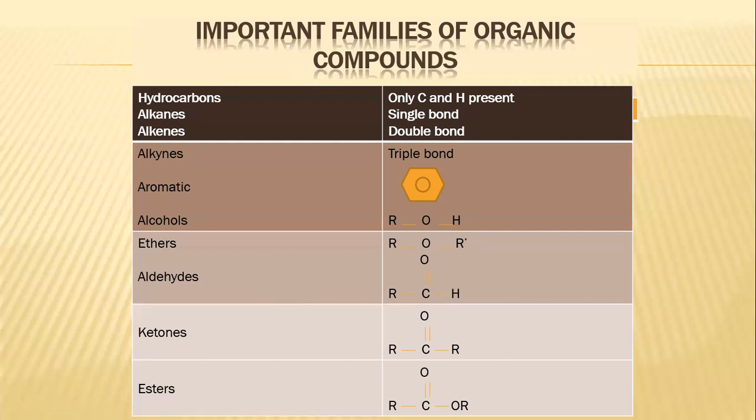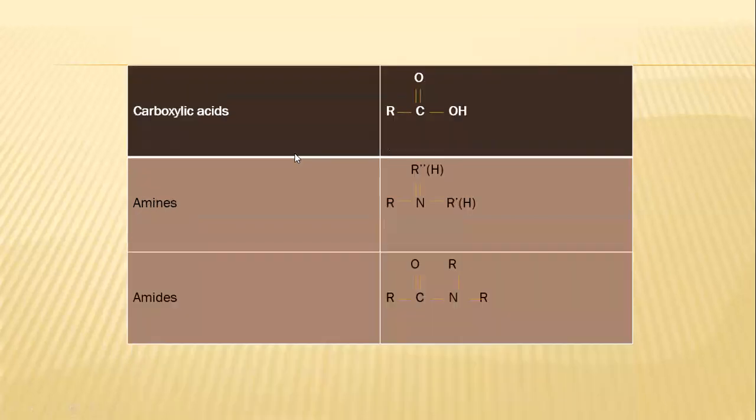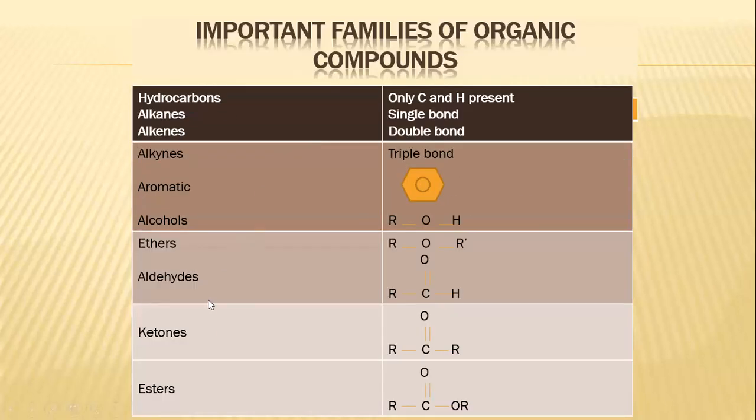Now coming to the next one, it is aldehydes. Aldehydes, you can see here: R, C double bond O, H. Now coming to the carbonyl compounds. What are carbonyl compounds?